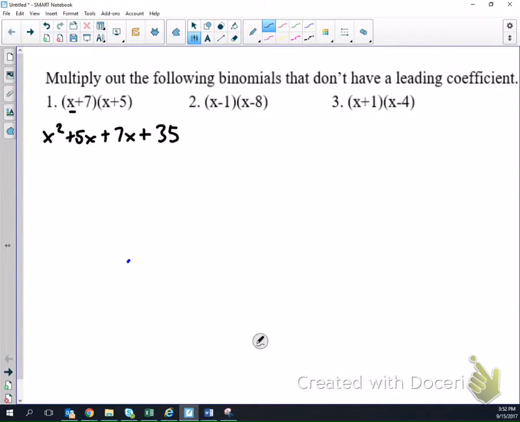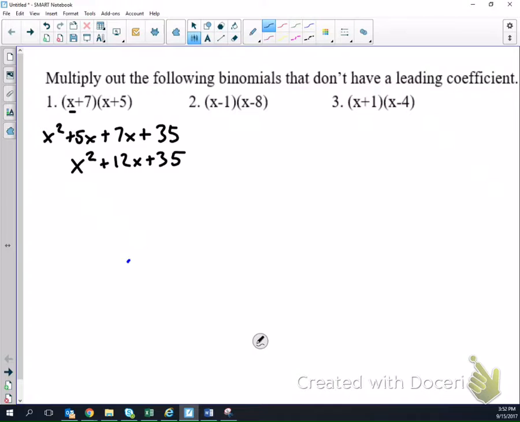We've now multiplied all the terms in the first quantity and all the terms in the second. I can now get those into x squared plus 12x plus 35.